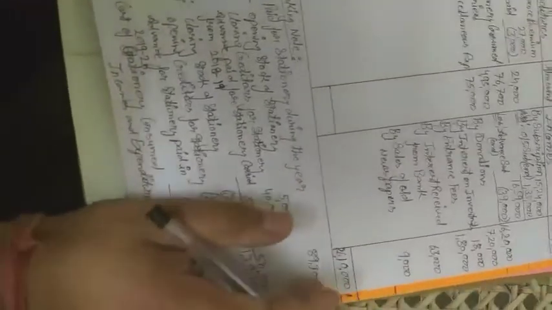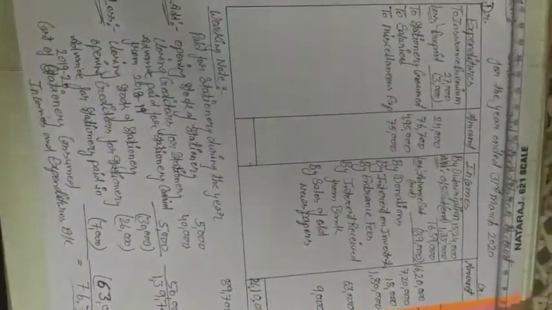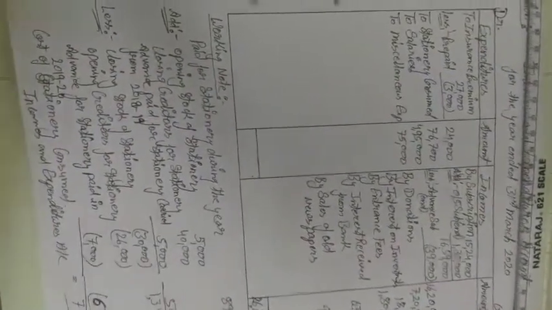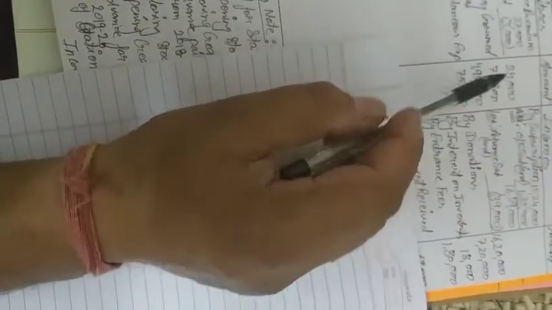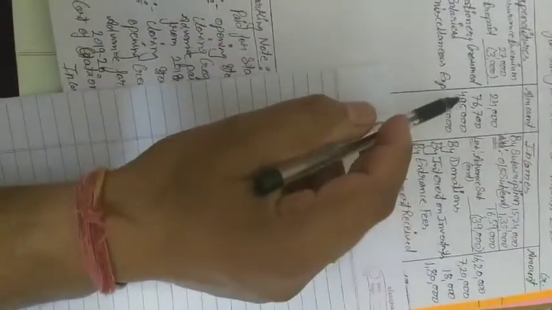On the rough paper, if you total this side, the total was 26,10,000.